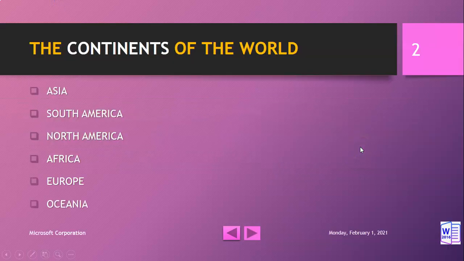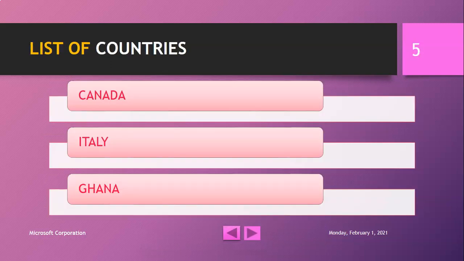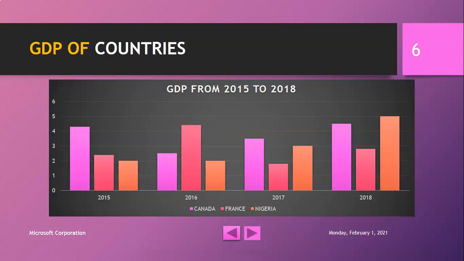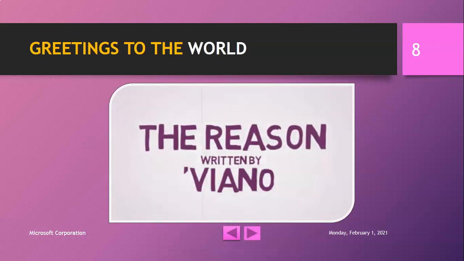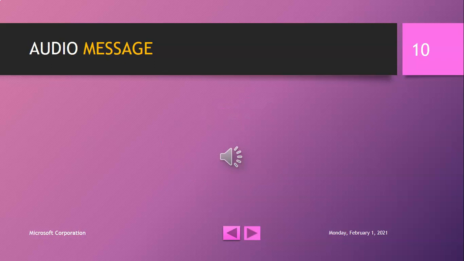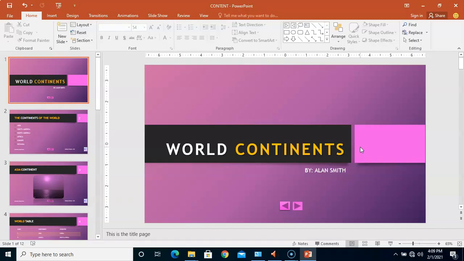So look at it. This is okay. The picture is okay now. This is okay also. This is fine. This is okay. This is fine. This is okay too. This is okay. This is okay now. And we've come to the end of the slides. So I can save my work now. So this work has been saved.